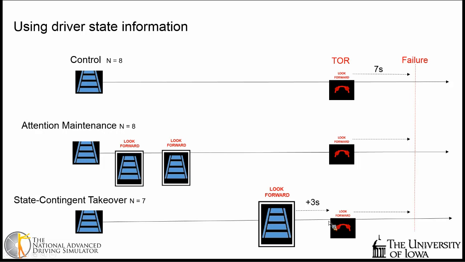If we noticed that they were distracted, we added some additional time. So 3 seconds in advance of that takeover request, we gave them that same attention alert. The idea was that we could give distracted drivers a little bit of extra time to get back into the loop before they needed to respond.